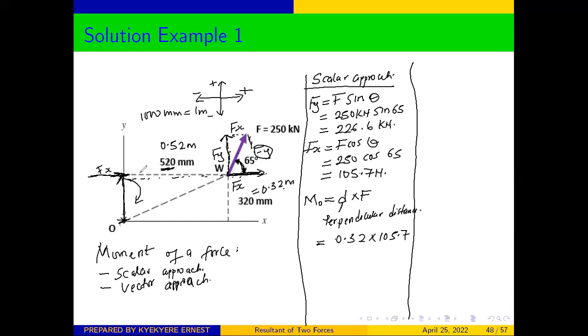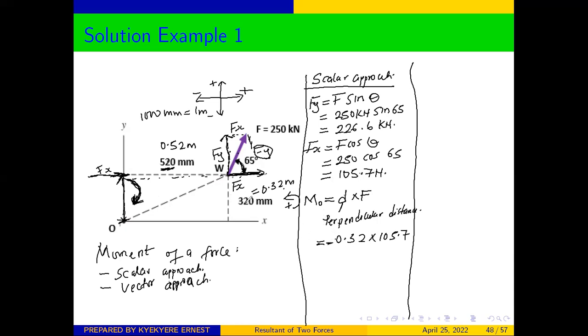And from our convention, this direction is clockwise. Anytime you are moving in the clockwise direction, our moment is going to be negative. So we are taking a convention that anytime you are moving in the anti-clockwise is positive. So here, the force will tend to rotate the object in the clockwise direction, so we are saying that this is going to be negative.